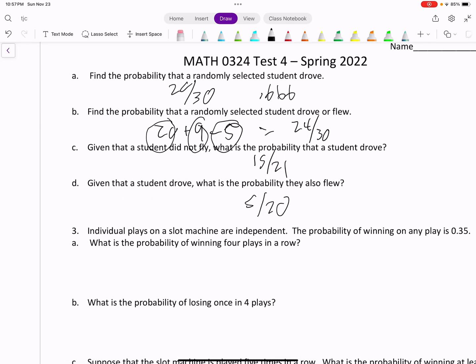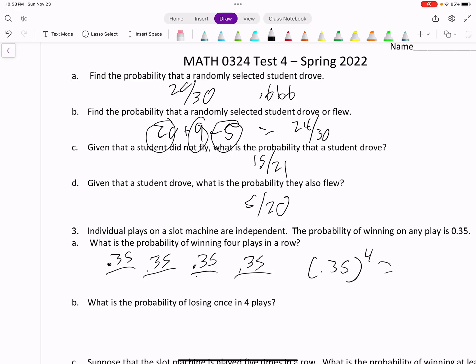Individual plays on a slot machine are independent. The probability of winning on any play is 35%. What's the probability of winning 4 plays in a row? Well, if they're independent, then we just multiply 0.35 times 0.35 times 0.35 times 0.35, which is 0.35 to the 4th power, which is an extremely small number.